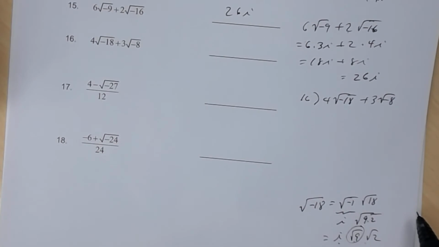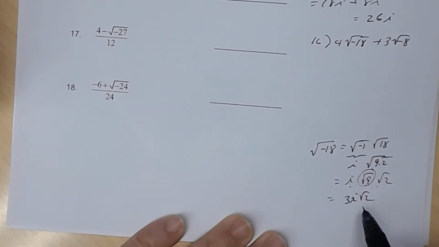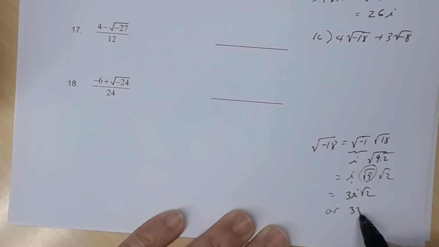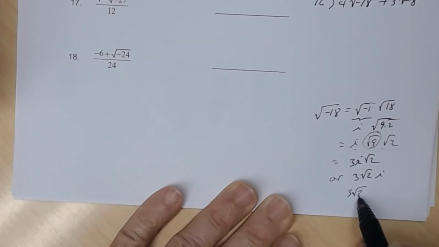Now, if you want to rewrite it so that the i is behind the radical, you've got to be careful. Make sure that it looks like this. Make sure that you can tell that the i is not under the radical. Sometimes when you put it too close, it kind of looks like that, where the i is underneath.